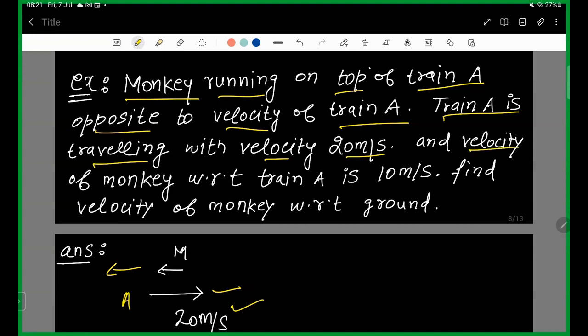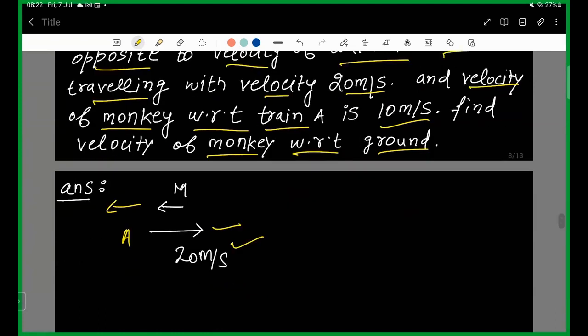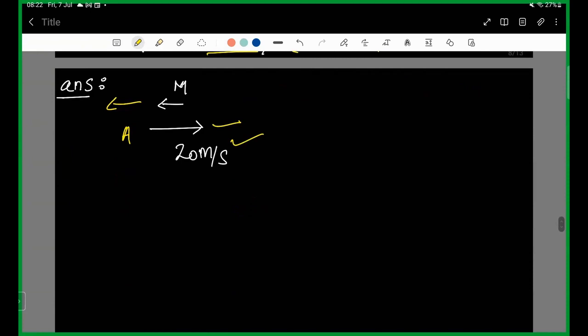And the velocity of the monkey with respect to train A is 10. So according to train A, the speed of the monkey is 10. But then you are asked, what is the speed of the monkey with respect to the ground? If some person is sitting on the ground, what will be the relative speed of the monkey with respect to the ground?